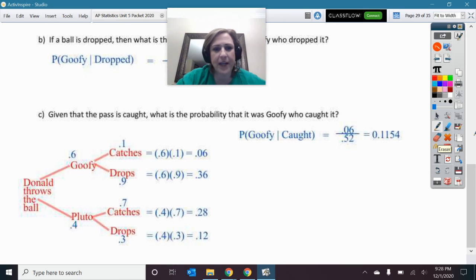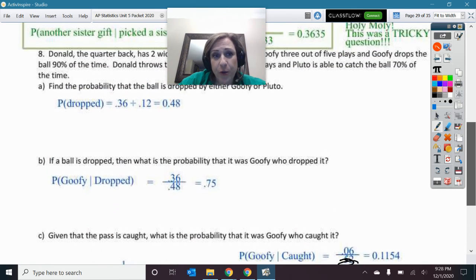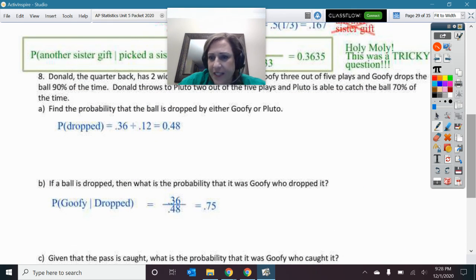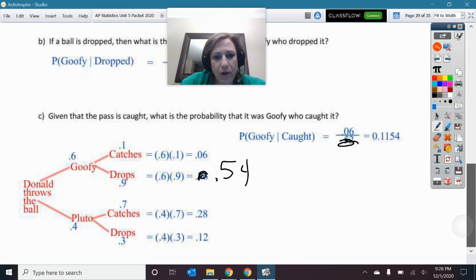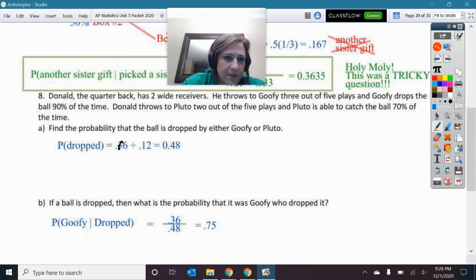So I can tell here. Now, I'm going to go back and fix this. This was 0.54. Hello. So there we go. Now I can fix some things. So just real quickly, here we go. We'll go fix that. It's dropping it as 0.54 plus 0.12. Okay, so you can go back in here and you can fix that.